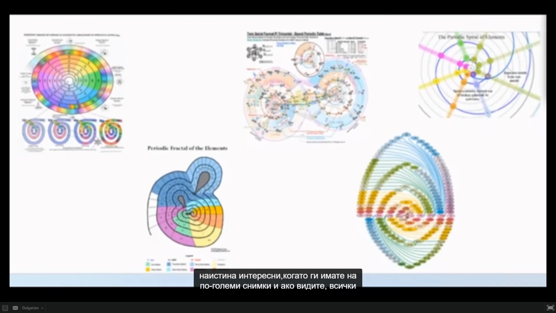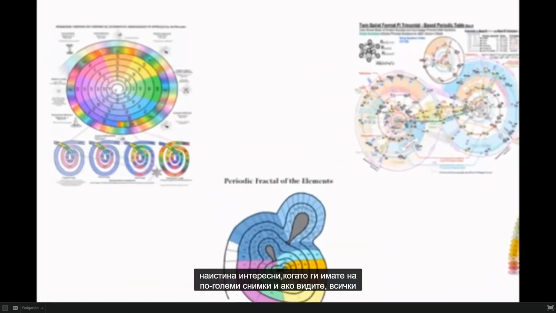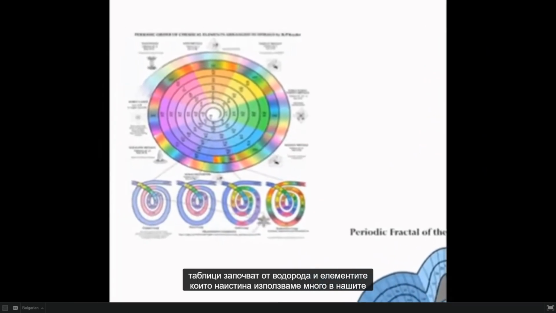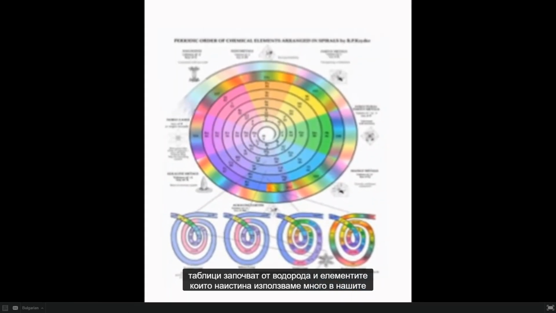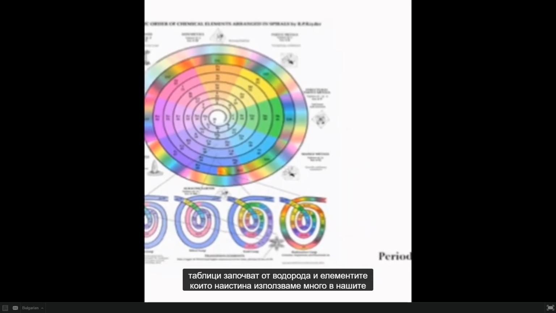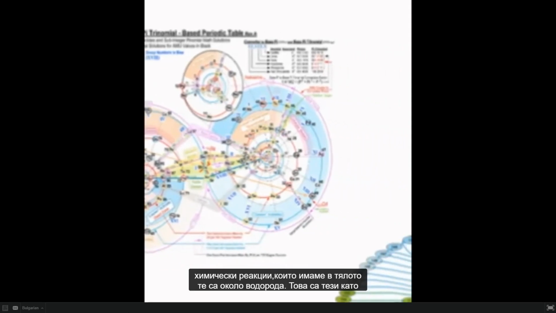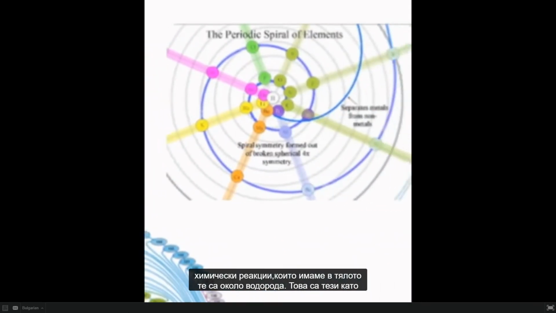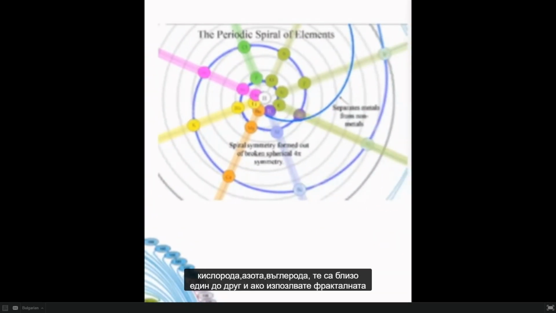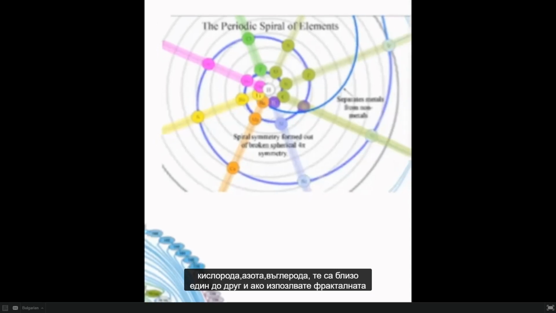They are really interesting when you have the larger picture, and if you see all the tables come from hydrogen, and the elements which we really use a lot in our chemical reactions, what we have in our body, they are around hydrogen. Like oxygen, like nitrogen, like carbon.